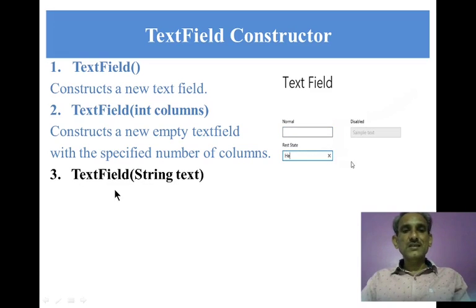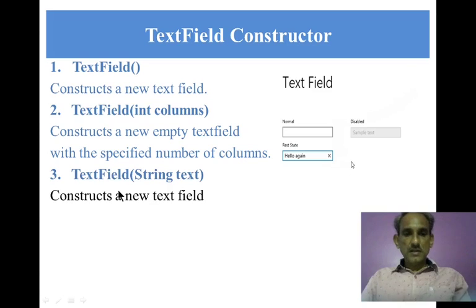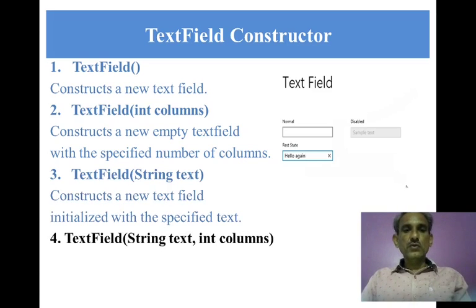So this is the third constructor, and the fourth one is TextField(String text, int columns). This is the specified text, which is shown in the text field, and int columns means the number of columns you want to display in the text field.